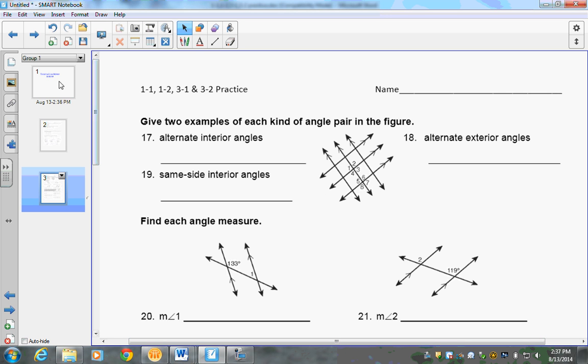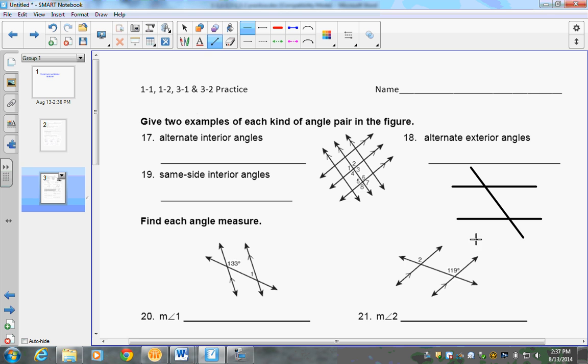Notice what we have here. We have three parallel lines, three sets of parallel lines. We're used to seeing stuff that looks like this that I'm drawing right here. It's the same type of setup, except now you're going to have to dissect the information that you have as opposed to what you don't need.